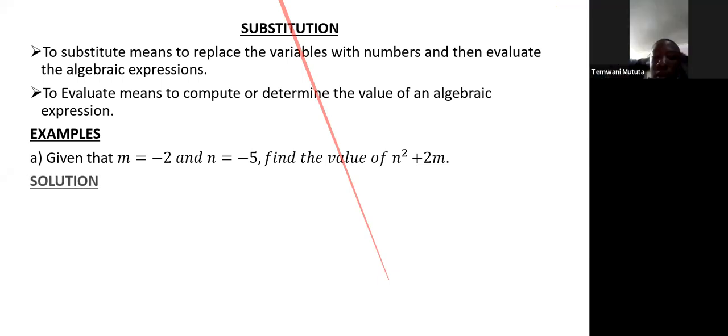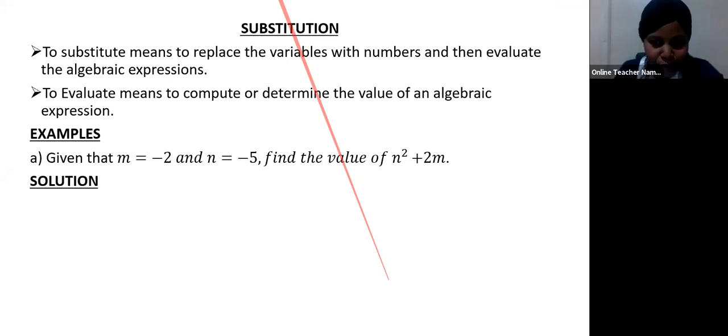The first thing you are supposed to do is to expand. n squared is a power, it's an index. So what you are supposed to do is to rewrite it as n times n. Is it clear?